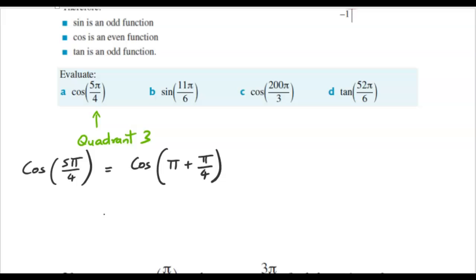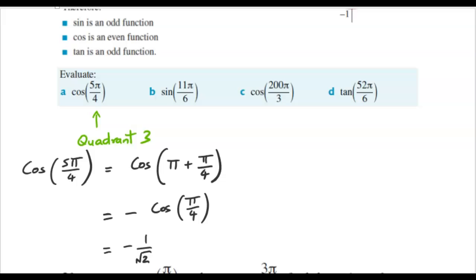So which means this value is going to be same as the first quadrant, except it's going to have a minus in front. So minus of cos pi on 4, and cos pi on 4 from the table of values is 1 over square root 2. So which means the exact value of cos 5 pi on 4 is going to be minus 1 over square root 2. Right?